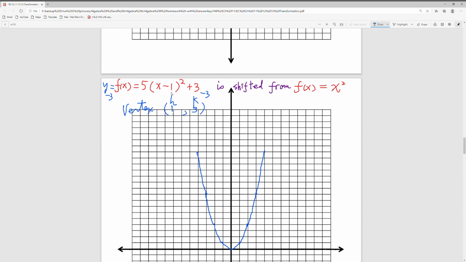Later on we are going to graph with the red color. This blue color is not the right graph. This blue color is the graph for the parent graph.